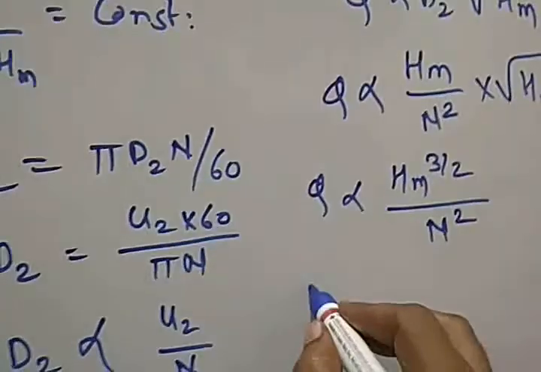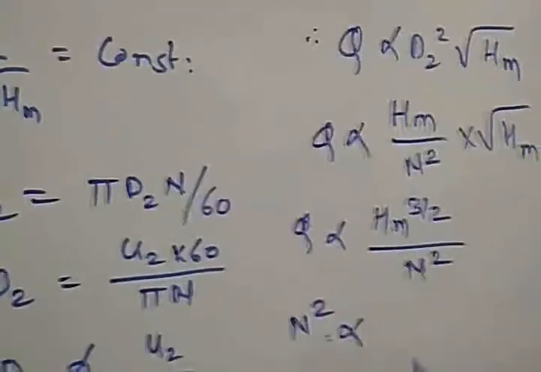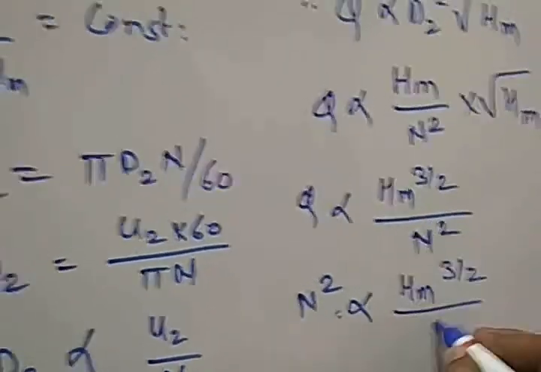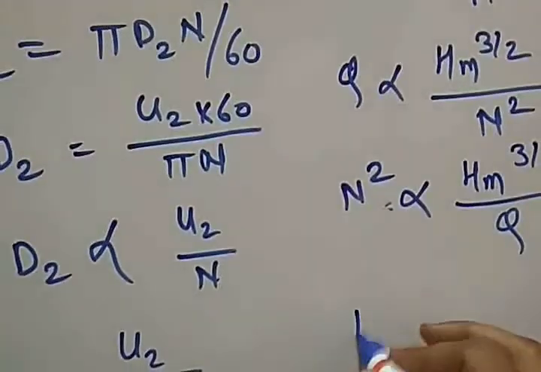Hence I can write n square is proportional to hm raised to 3 by 2 upon q. Okay, so we'll take the square root of it.